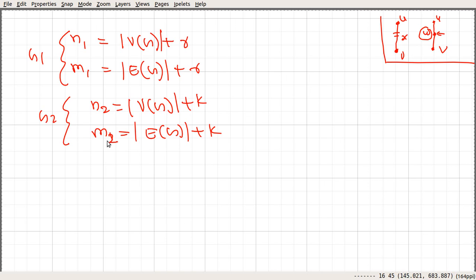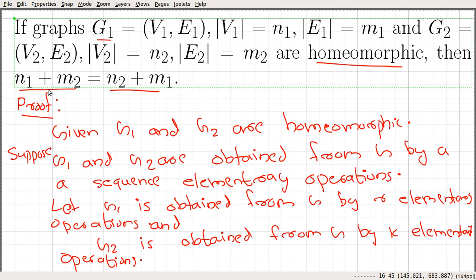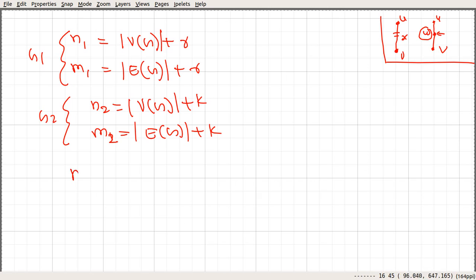Now we are looking for the condition n1 plus m2, so let's add these two together. n1 plus m2 is nothing but the cardinality of the vertex set of G plus R, plus the cardinality of the edge set of G plus k.